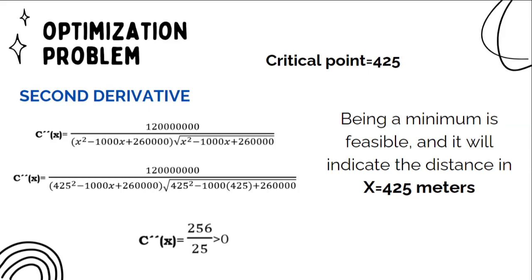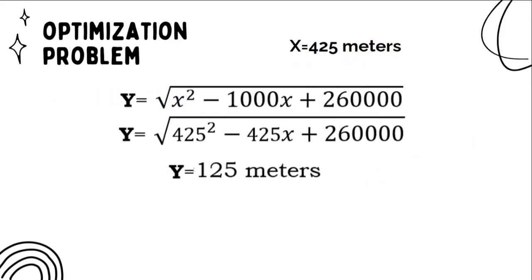So this result indicates that it's a minimum, and that the critical point is correct, and it also indicates the distance on the shore of the river, which is going to be 425 meters. The next step is to calculate the measure of y, having the measure of x, which is equal to the measure of the shore.